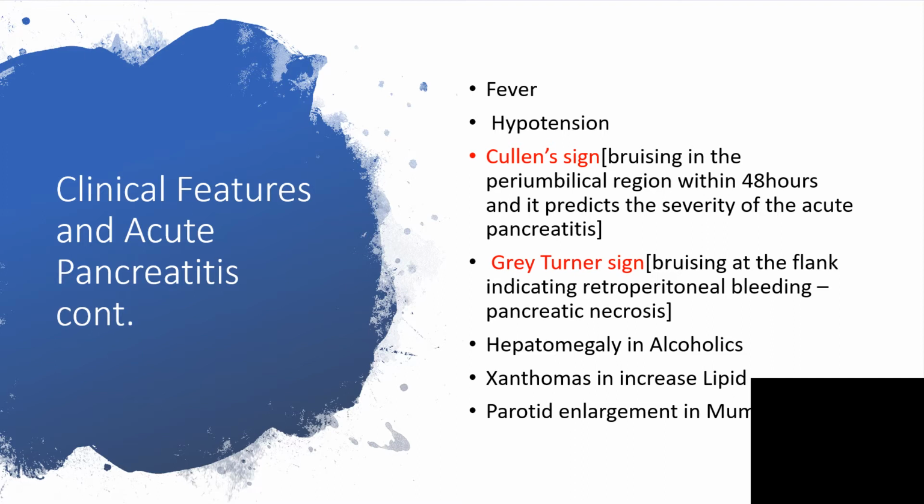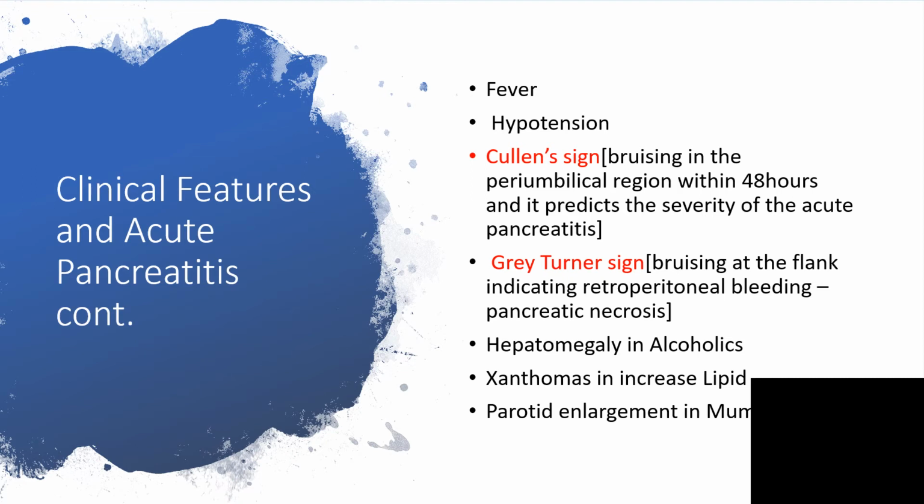It's possible you're going to find Grey Turner sign, that is bruising along the flank, and that is an indication that there is retroperitoneal bleeding or pancreatic necrosis going on. So you'll find out on physical examination. Hepatomegaly, because in my uncle that is drinking alcohol, xanthomas in increased lipid.